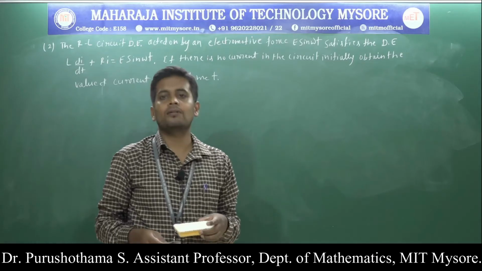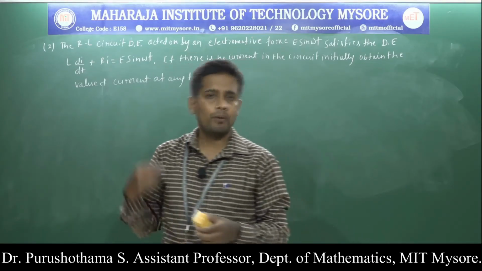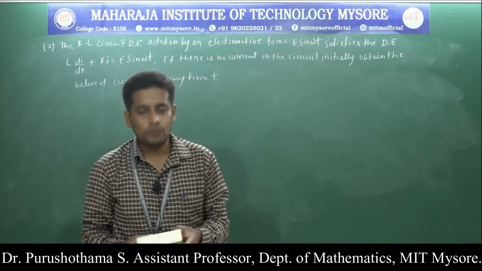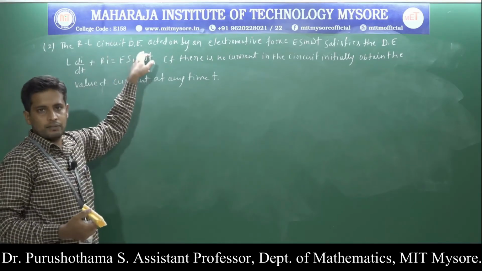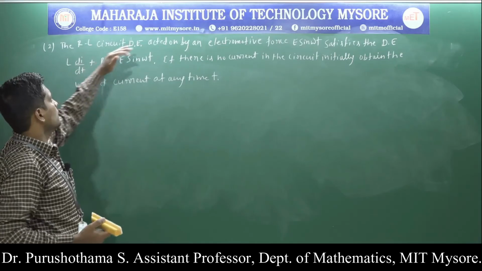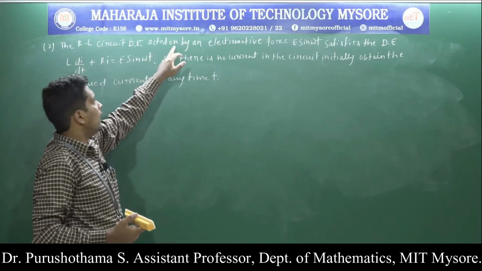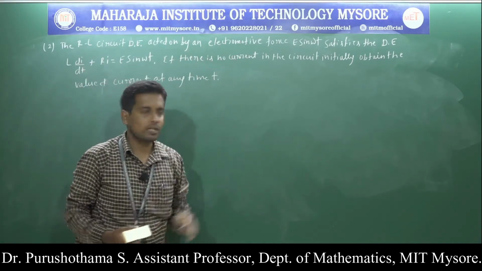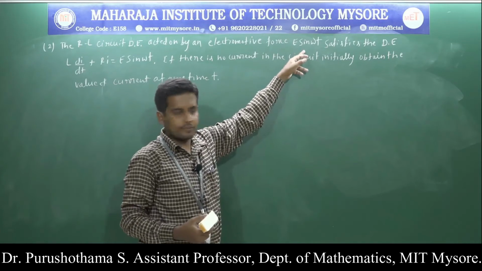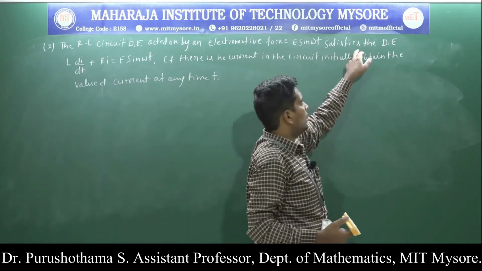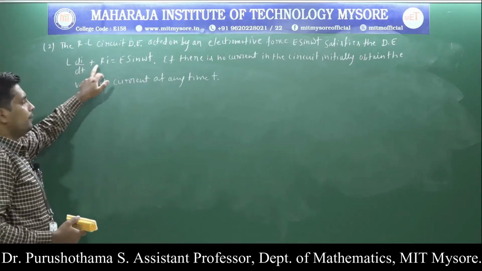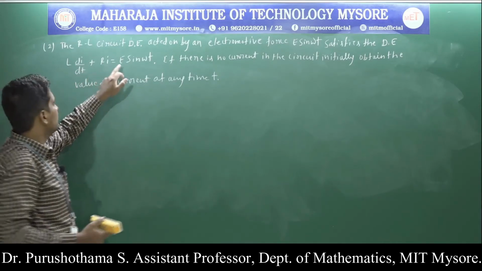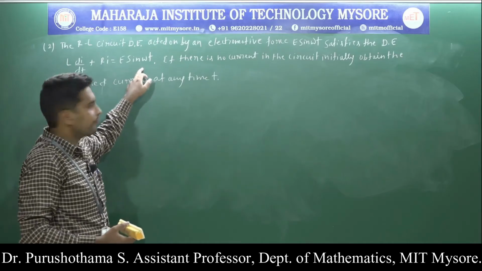Now we are going to solve the second problem in the RL circuit. The question: an RL circuit acted on by an electromotive force E sin ωt satisfies the differential equation L·di/dt + R·I = E sin ωt.